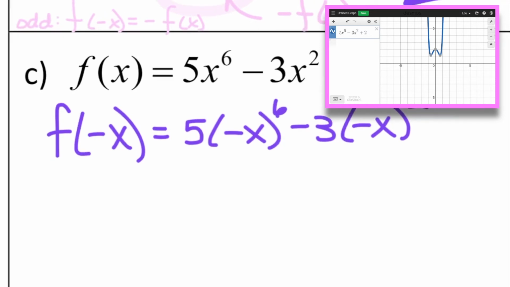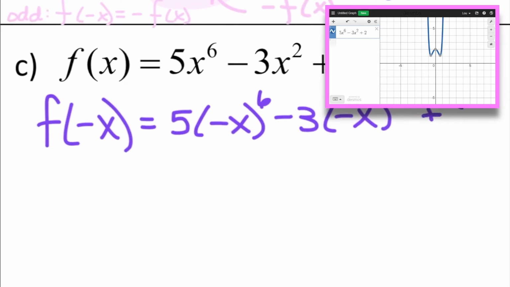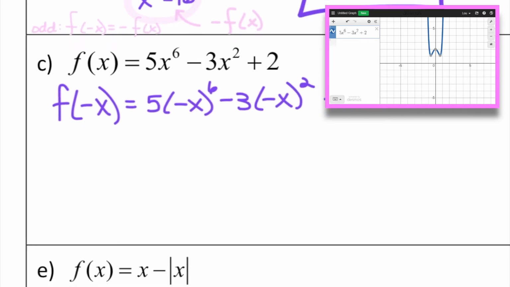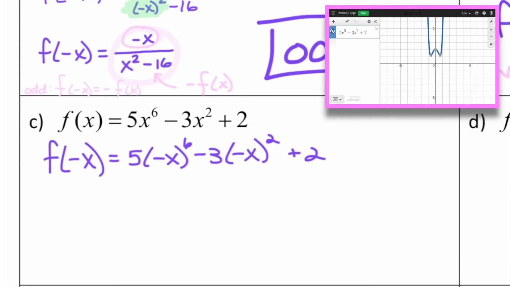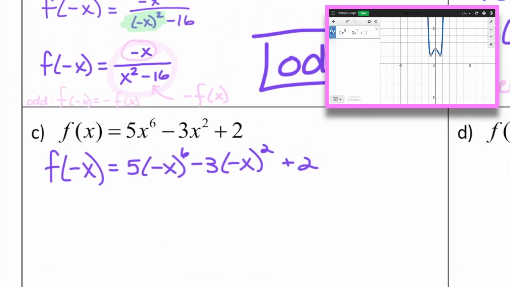And I'm guessing that I'm probably writing underneath where I've got the Desmos section, so let me just make this smaller for a minute. And then you want to look at the negative x to the 6th power and the negative x to the 2nd power.